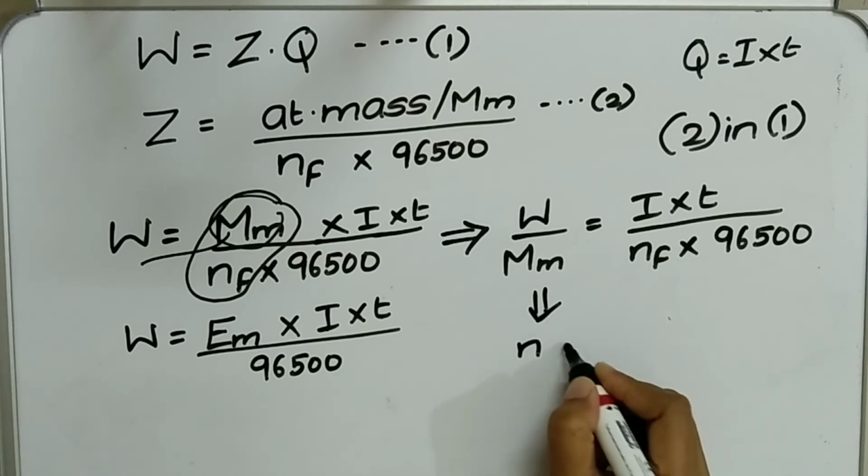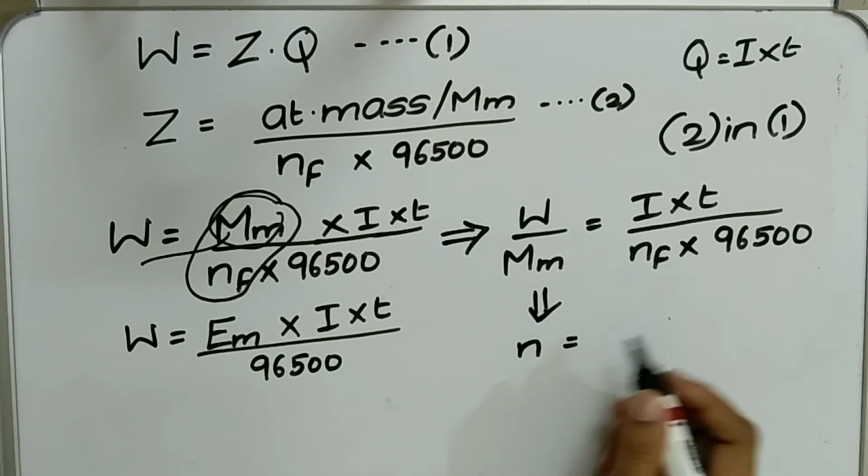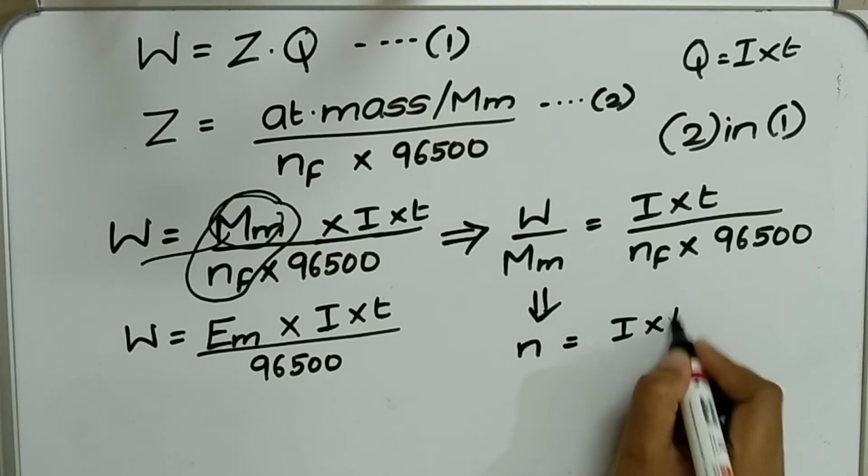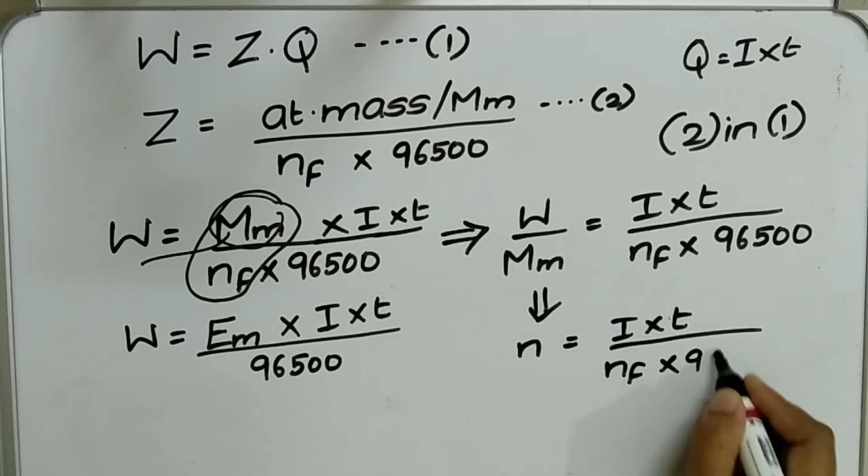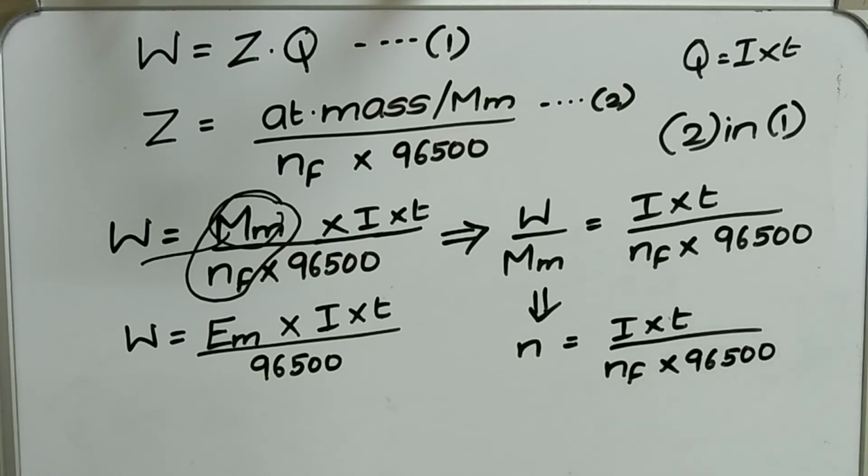Moles we can write as small n. Number of moles is equal to I into T upon n factor into 96,500. Right. So finally I can also write it as n directly proportional to 1 upon n factor, or you can say n inversely proportional to n factor.